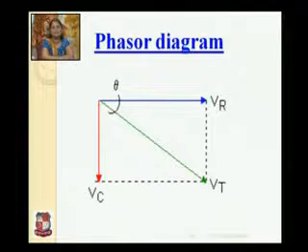So it is drawn like this. This downward VC will indicate that voltage is lagging behind the current. So this is your VR, this is your VC. Draw one line parallel to VR, second line parallel to VC, and join this. So it will give you the value of resultant voltage VT.